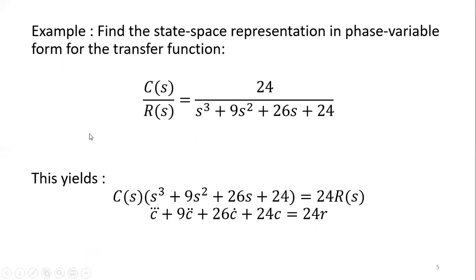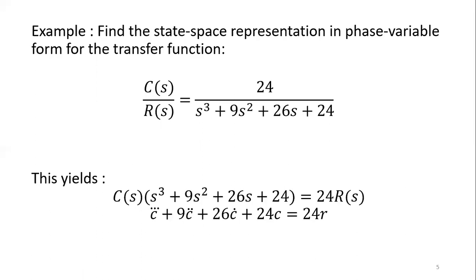Find the state space representation in phase variable form for the following transfer function, where C(s) over R(s) equals 24 over s to the power of 3 plus 9s to the power of 2 plus 26s plus 24.